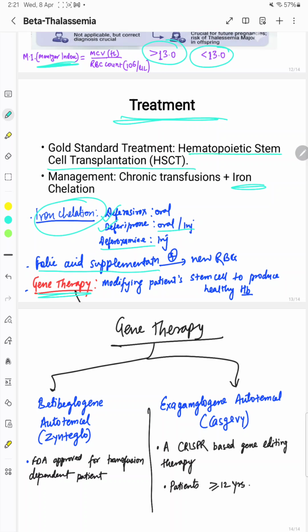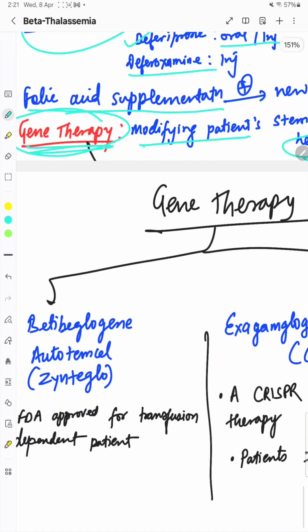Hematopoietic stem cell transplantation is the curative option for the treatment, and among the newer modalities, gene therapy is there. Basically, this technique modifies the patient's stem cells to produce healthy hemoglobin. So there are two drugs.